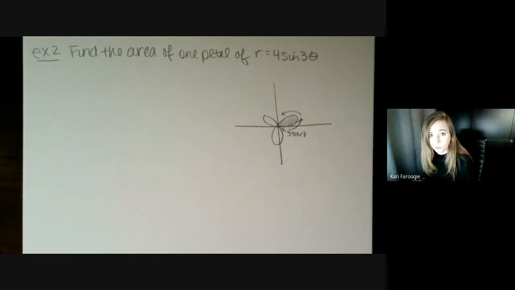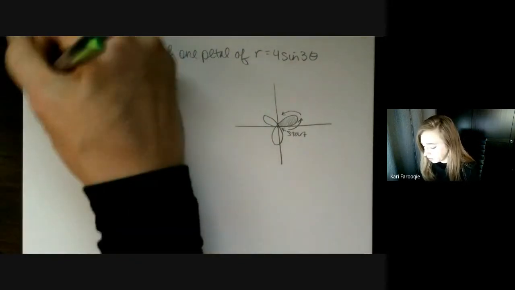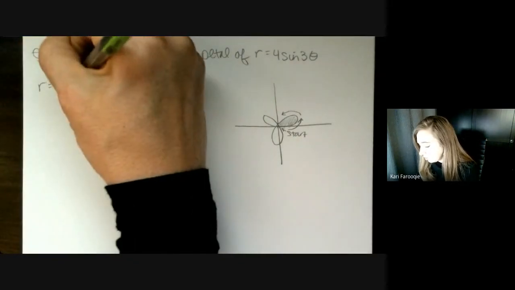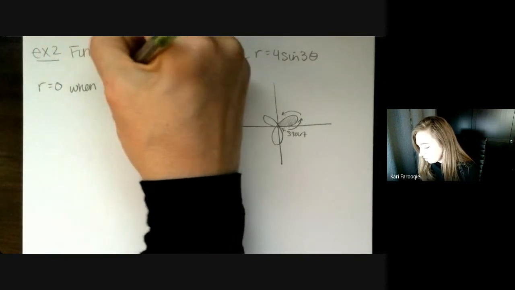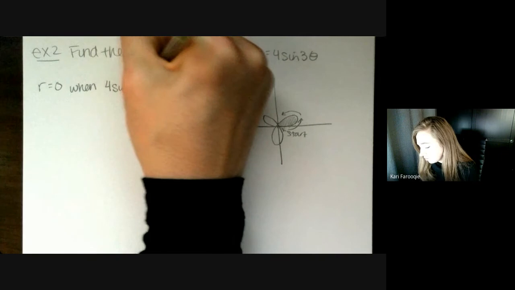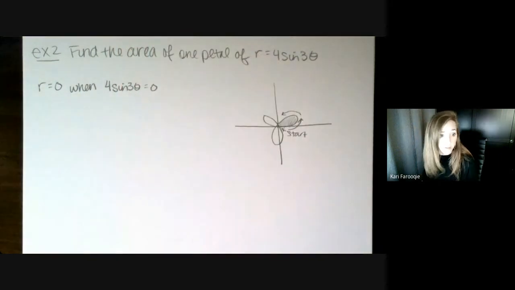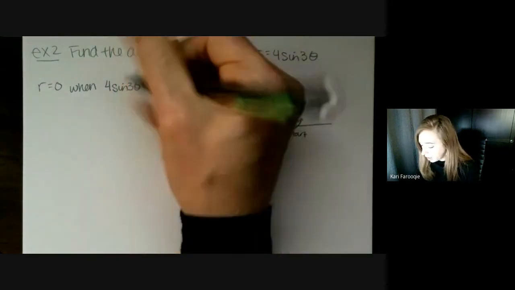And what we're going to do is we're going to use this technique that we used in that last example, where we're trying to figure out where the radius value is 0. So r is going to be equal to 0 when 4 sine 3 theta equals 0. And this is going to happen.